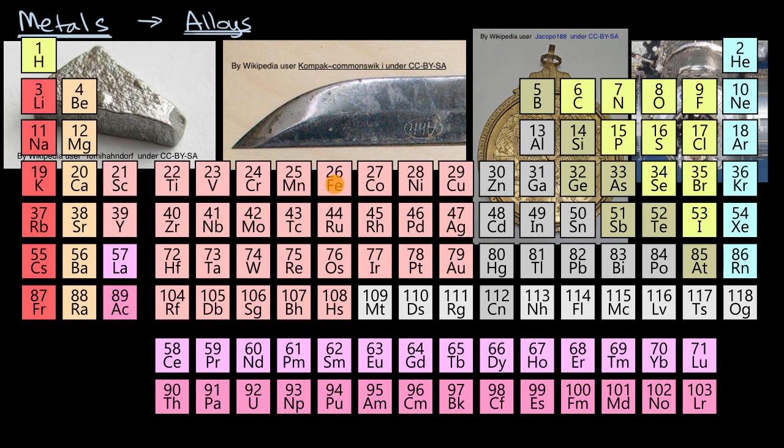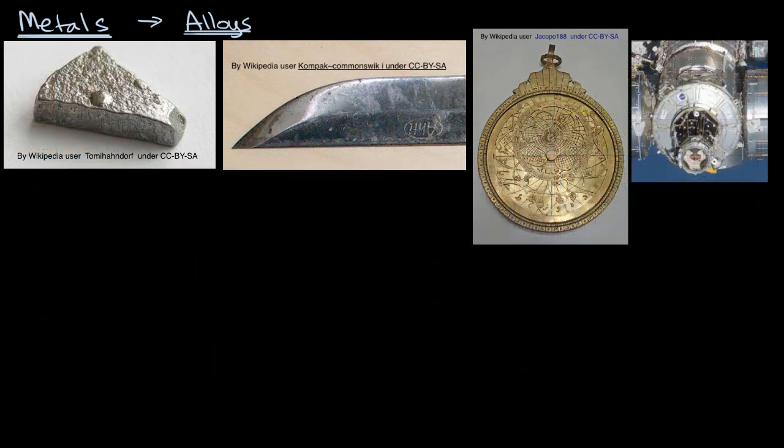They don't want them just for themselves. They're willing to share their valence electrons into a bit of a communal pool of electrons. And so even though you have a bunch of neutral iron atoms, you could actually view them as positively charged ions in a sea of electrons.